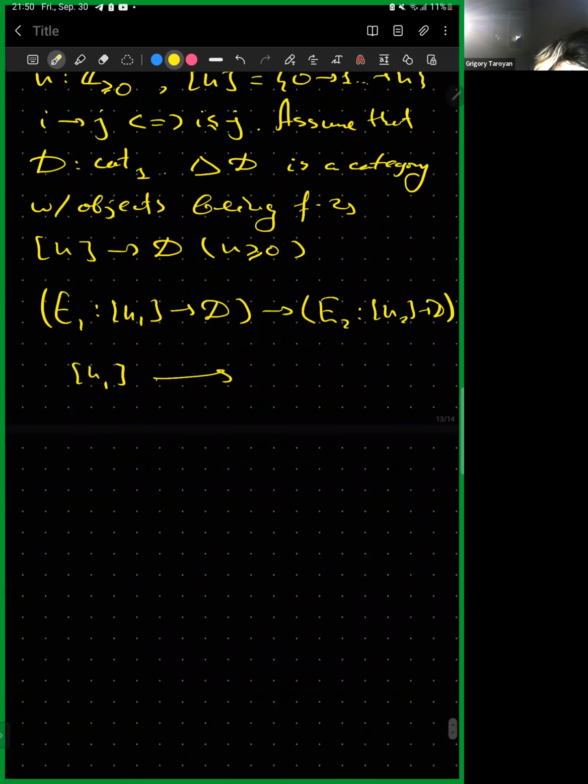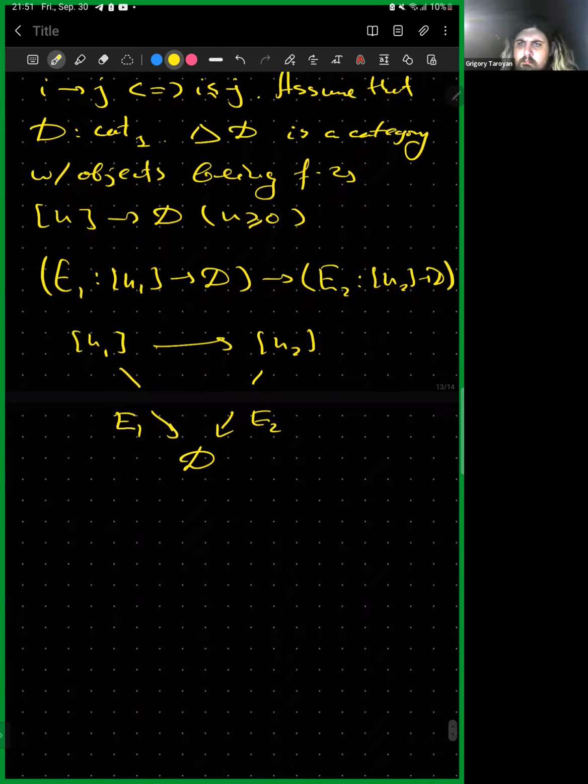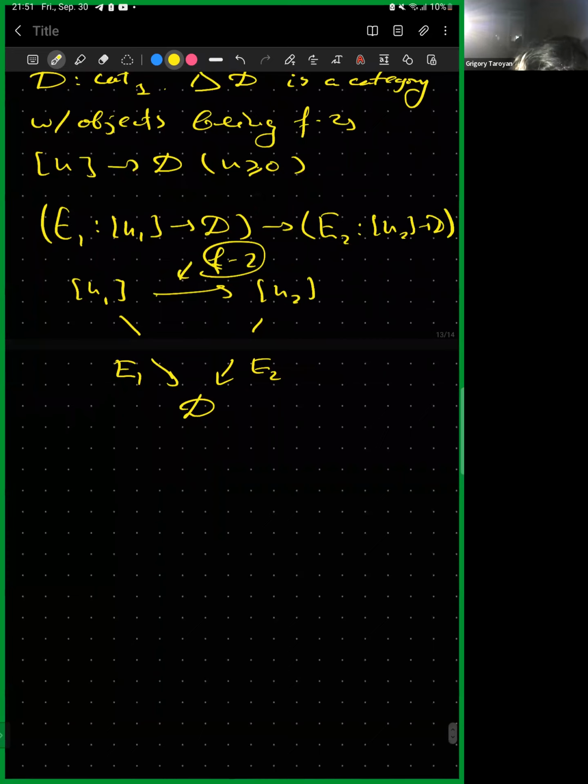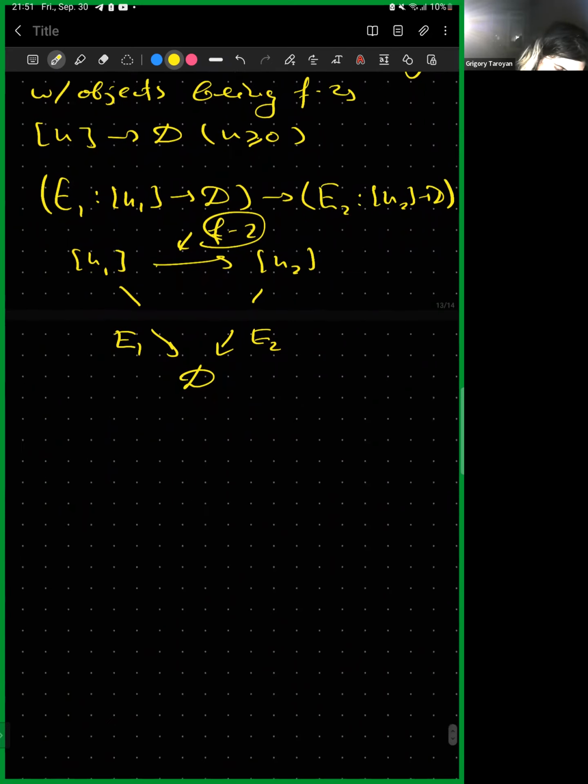We define a map between two such functors as a commutative triangle of the form like this, where the map from [n1] to [n2] is just some functor, or as can be easily seen, it is a non-decreasing map of sets, if you want.